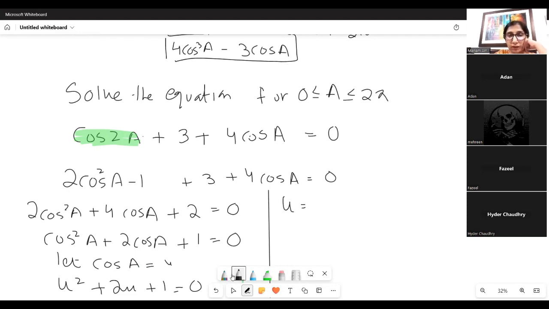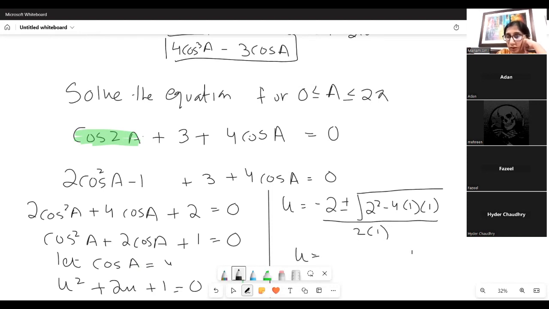Ma'am, it has only one answer. Single answer. Yes, okay. Minus B plus minus square root of B square minus 4AC upon 2A. What value does U come to? What comes? Minus 1 only. For both of them.